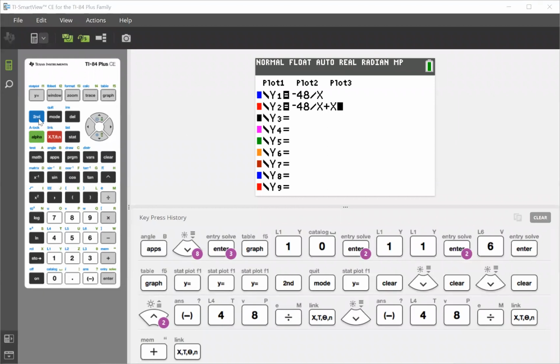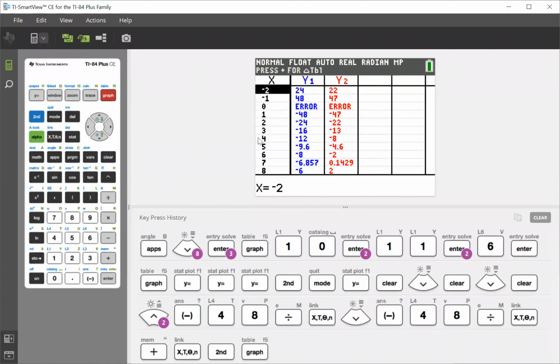And then we want to go to our table, and in this Y2 category we were looking for -8, and the two numbers are 4 and -12. These are the two numbers that multiply to -48, but add to -8.